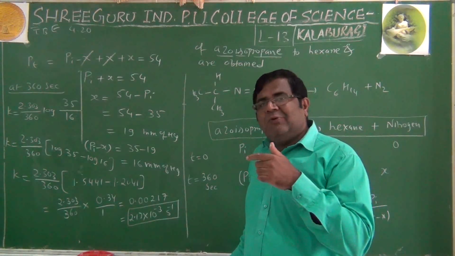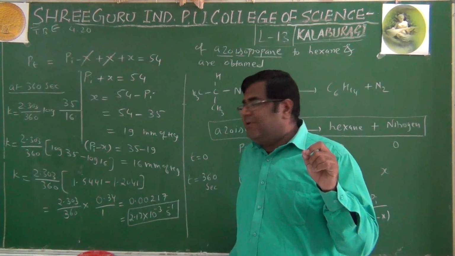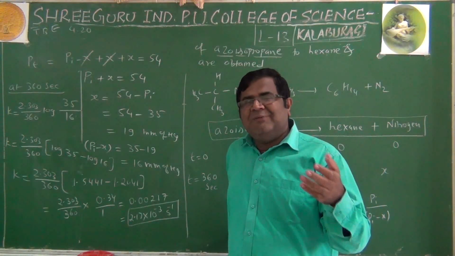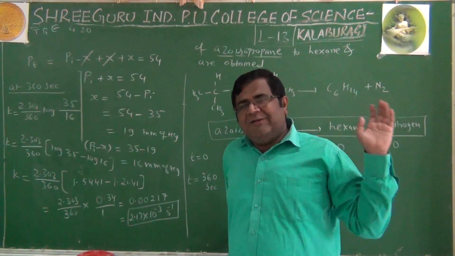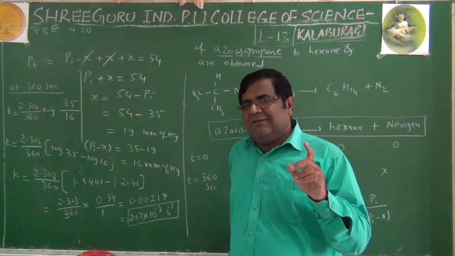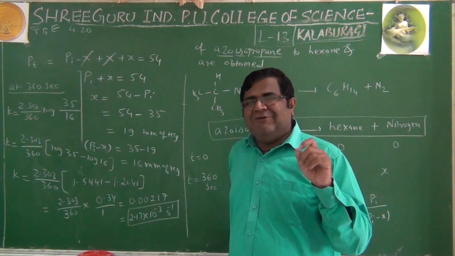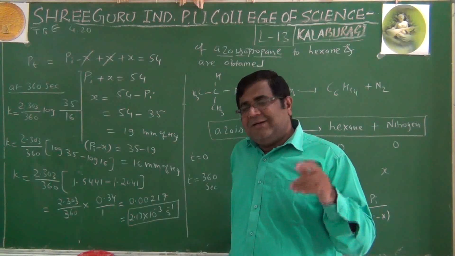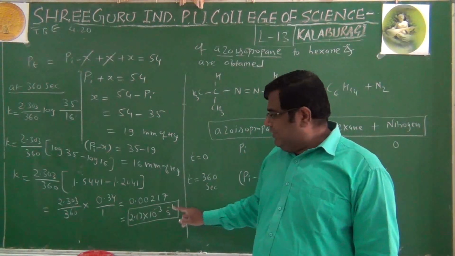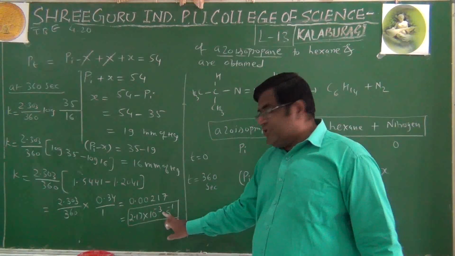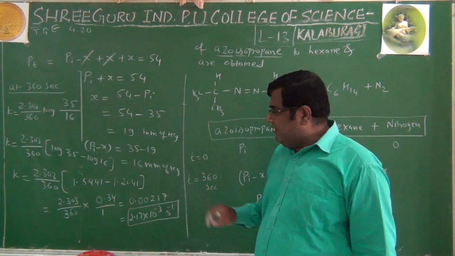I could have written on the board only per second, but I have written atm. If you were before me at that time, you would have corrected it, but it should be per second. I think you understood that particular mistake I made while writing. So 2.17 into 10 raised to minus 3 per second. No mention of pressure when it is a first order reaction.